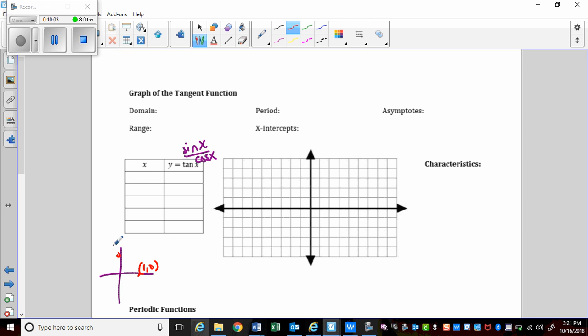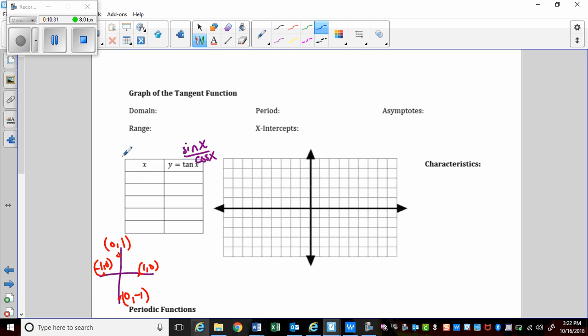This point is at 0, 1. This point is at negative 1, 0. And this point is at 0, negative 1. So at this point, my sine is 0 over cosine is 1. 0 over 1 is all right. But when we have 1 over 0, that's not okay. You cannot divide by 0. That's undefined. So that's going to be an asymptote. We're going to have an asymptote there.